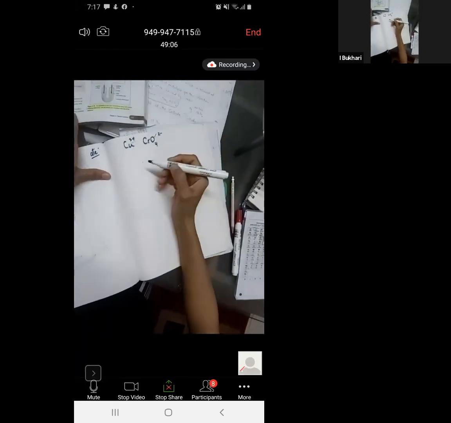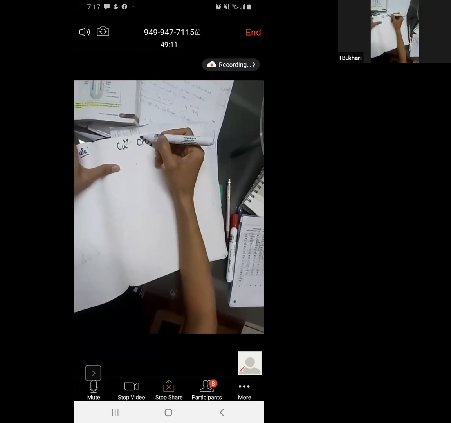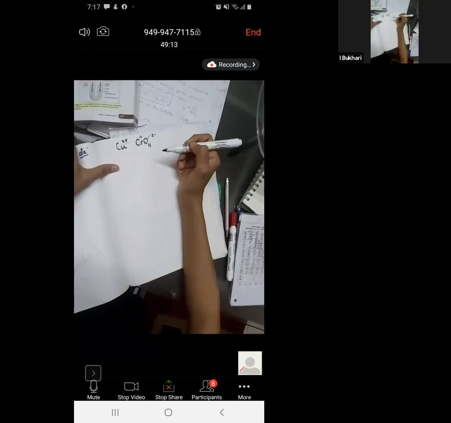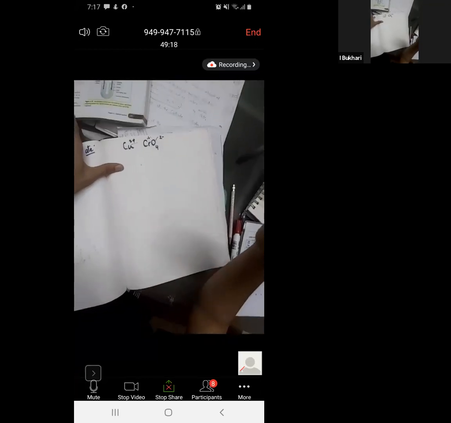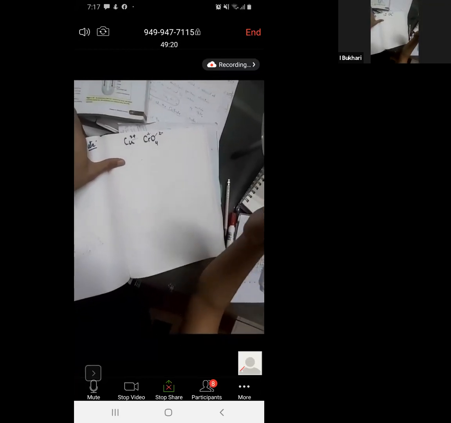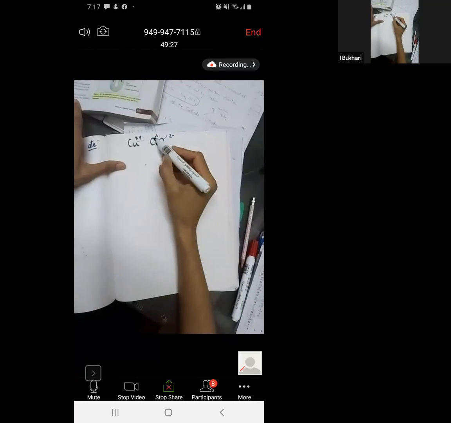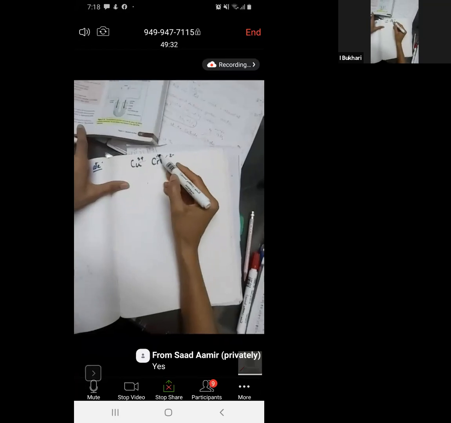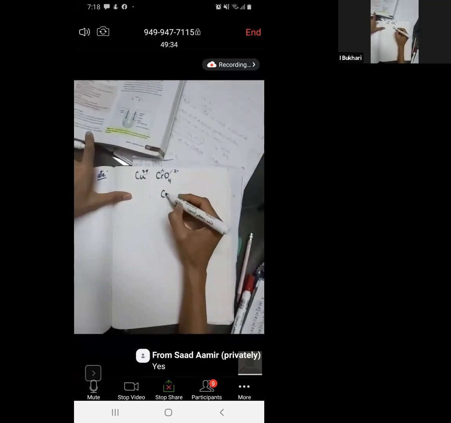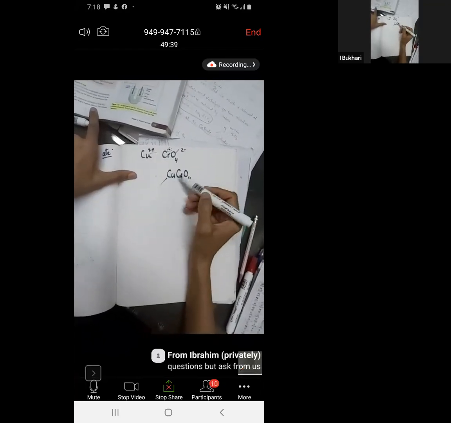The reason they have written VI is because the oxidation state of chromium in chromate is +6. I hope you're getting me. By the way, I was thinking of taking one class on how to calculate the oxidation state of elements in different compounds. That's very important to know. So copper is 2+ and chromium is +6. Remember, in this compound we have two transition metals: one is copper, the other is chromium.